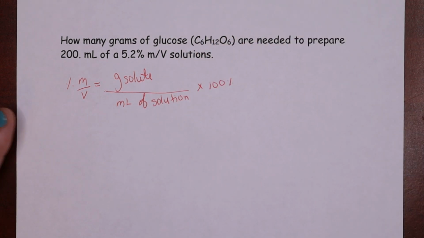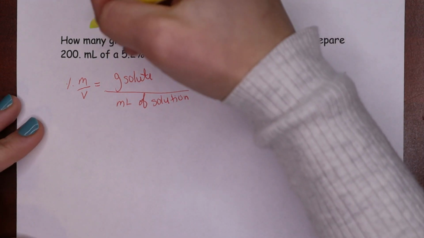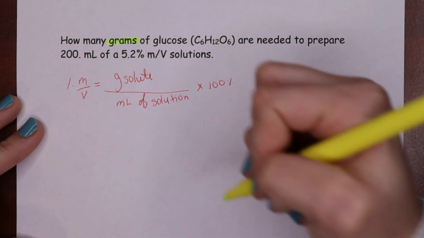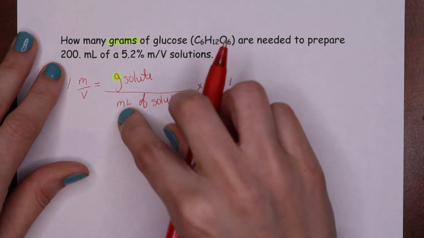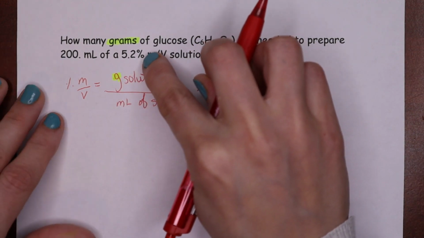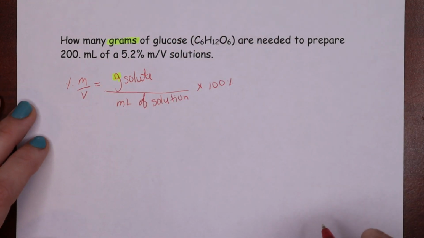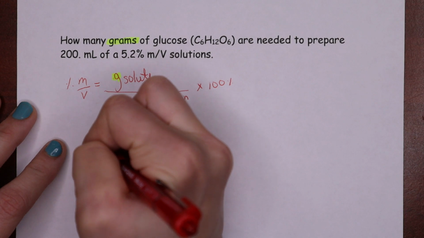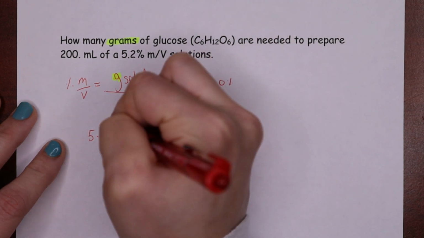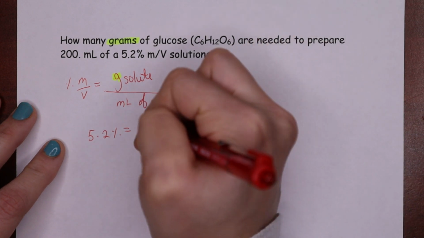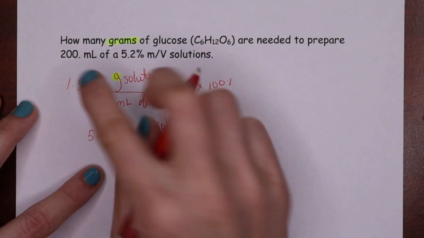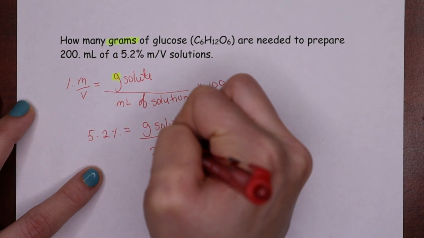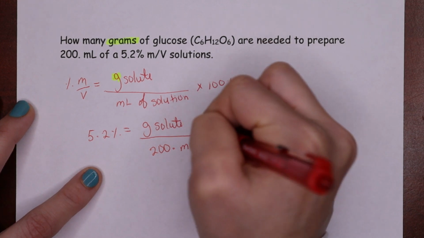Then looking at this question, they're asking us for grams, right? And we have 200 milliliters that we're able to plug in here, and 5.2% that we're able to plug in here. So let's go ahead and do that. 5.2% equals grams of solute, which is what we're looking for, over the 200 milliliters, and don't forget, times 100%.